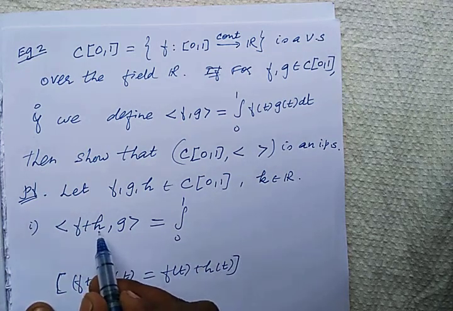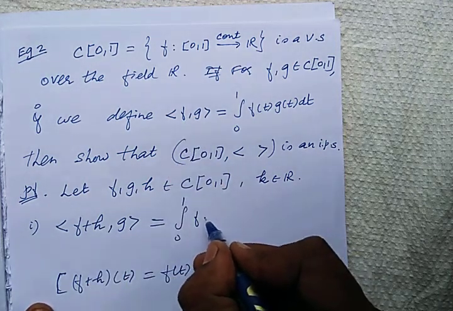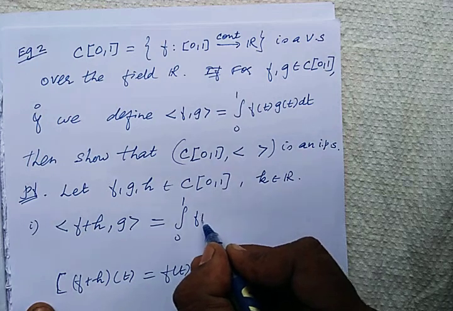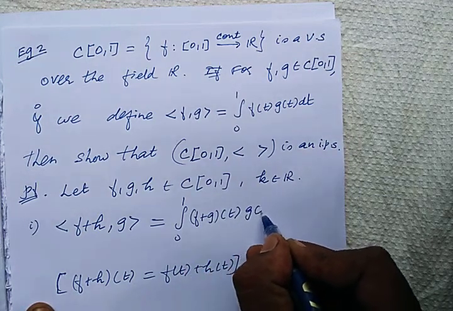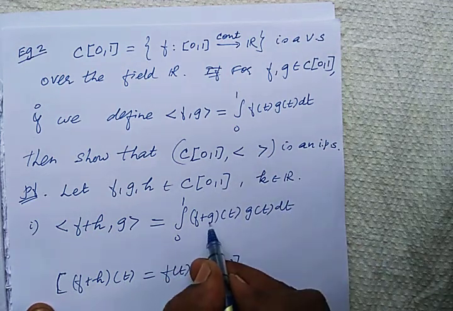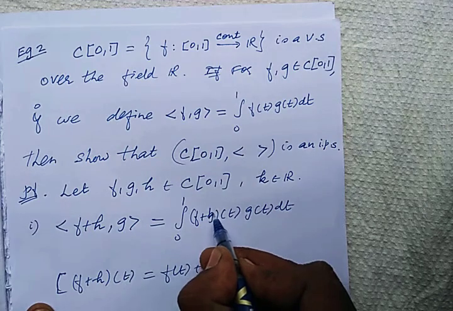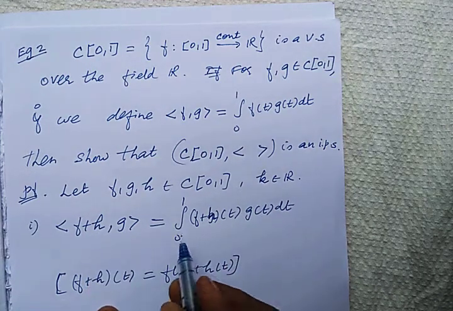So, with f plus h instead of f, we get the integral of (f plus h) of t times g of t dt. Sorry, it is h here, right?